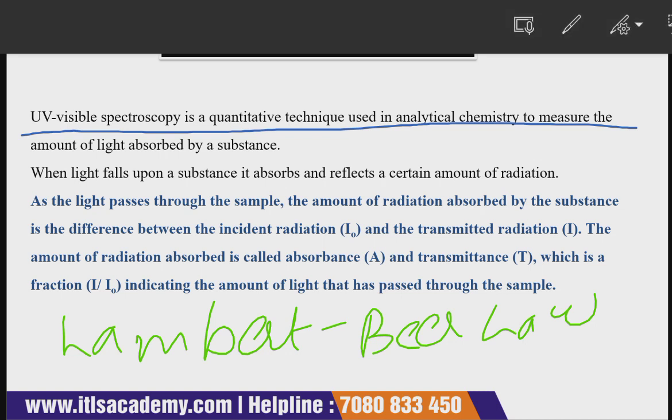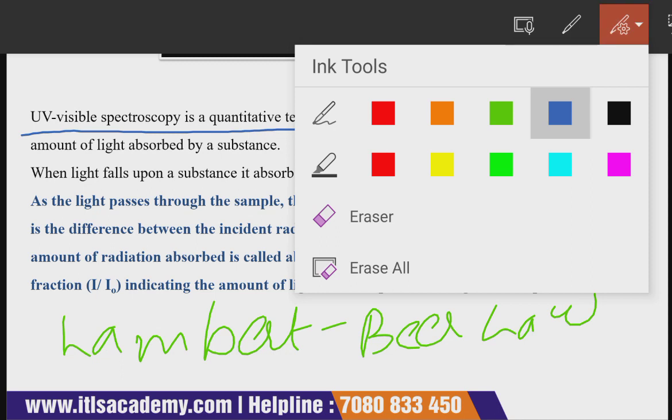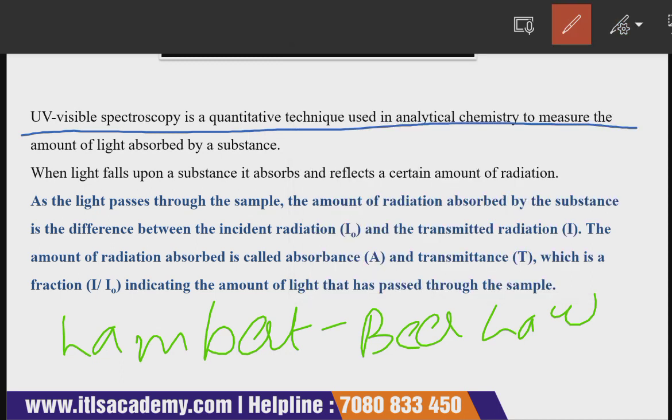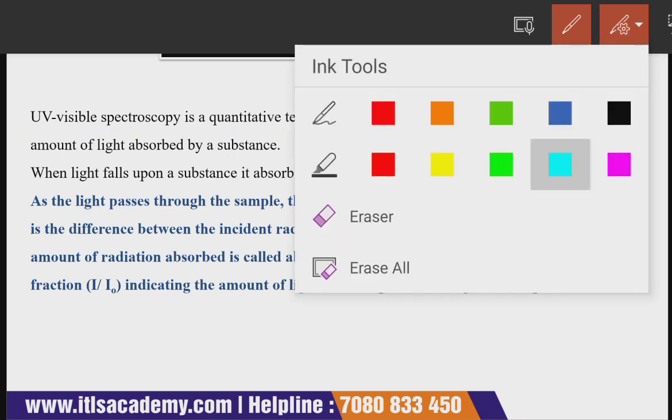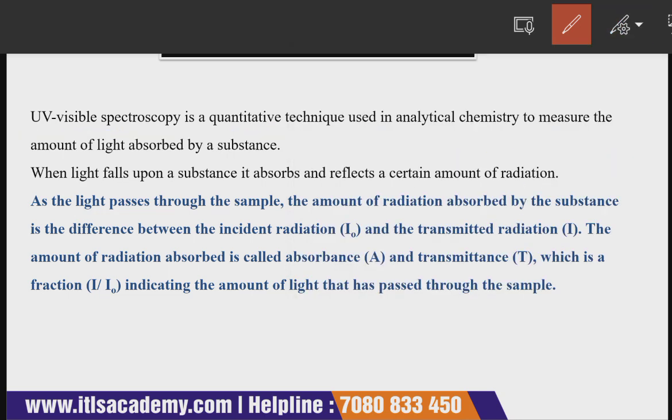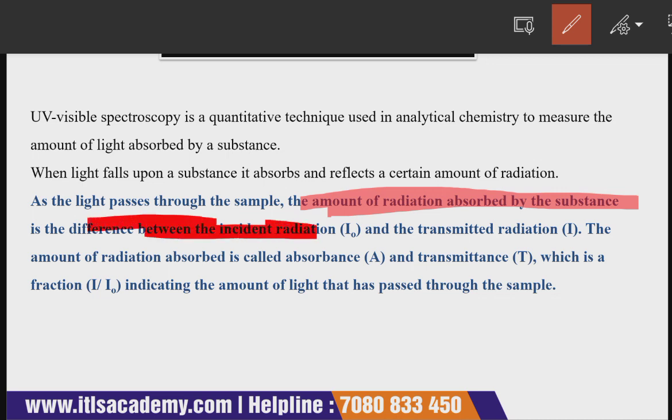So this point is again very important. The amount of radiation that is absorbed by these substances is equal to the difference between the incident light and the transmitted radiation.